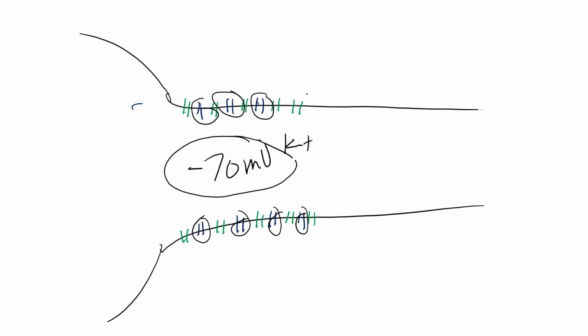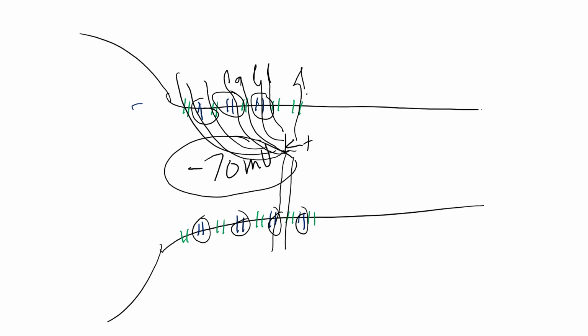And what that means is since potassium has more channels that it can leave through than normal at -70, the rate it can leave at is greater. Right? It's got more passageways, more doors it can travel through. So the rate at which potassium can leave at -70 millivolts is much greater than it normally would be.